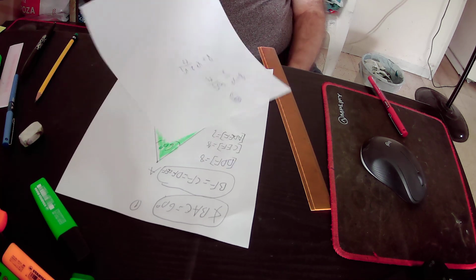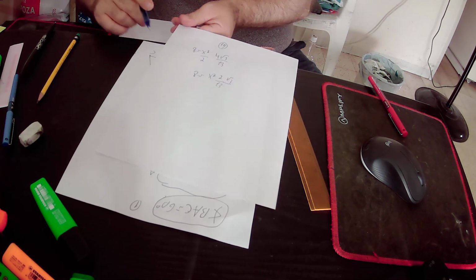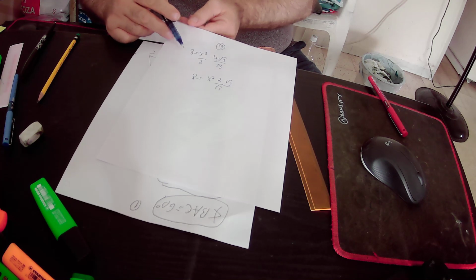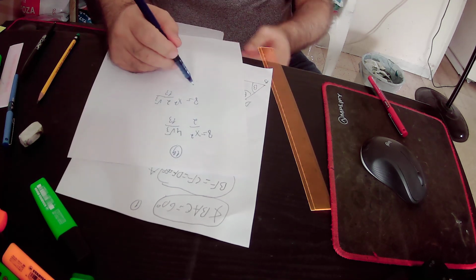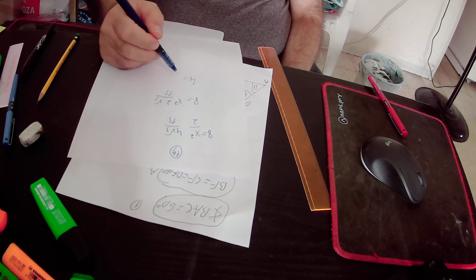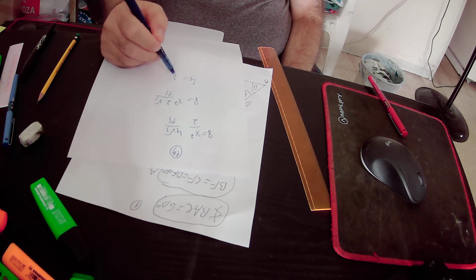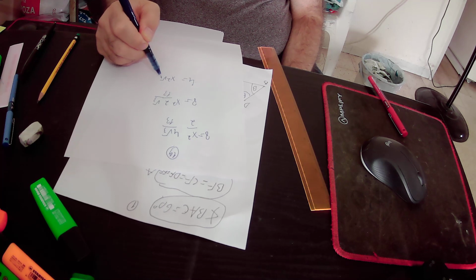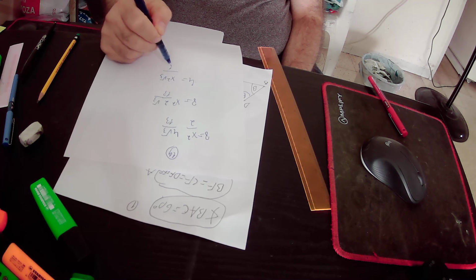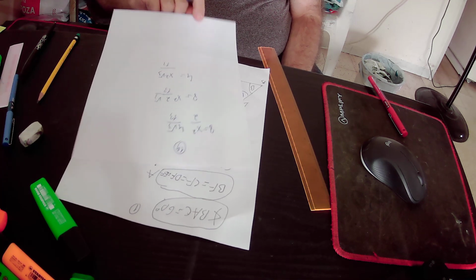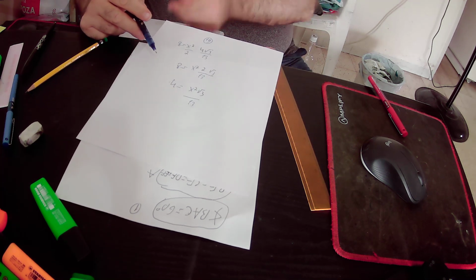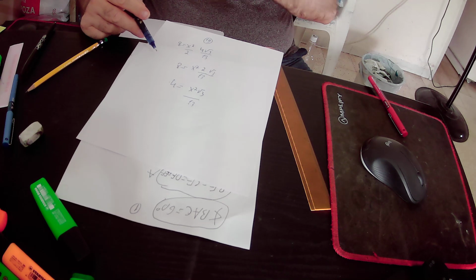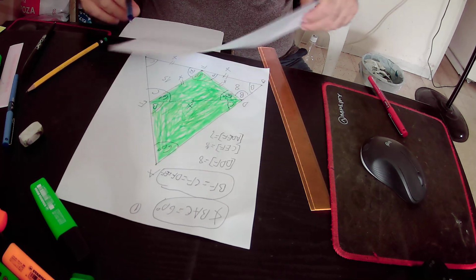x squared times 2 over 13 times root 3. So here we can divide this equality by 2, and we will get that 4 equals x squared times root 3 over 13. Here we will multiply this equality by 13 and then divide it by root 3.